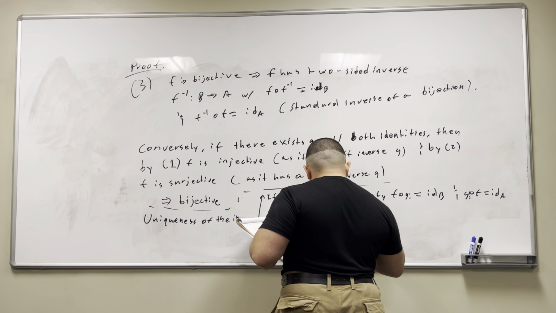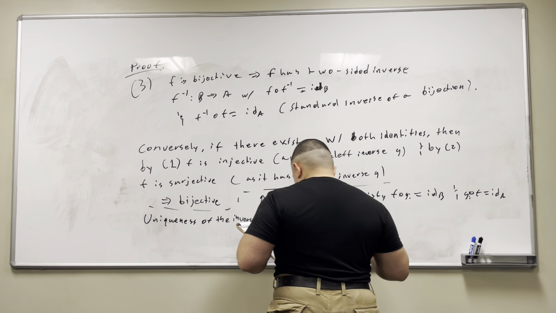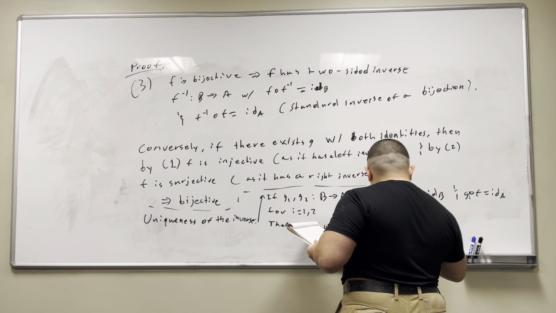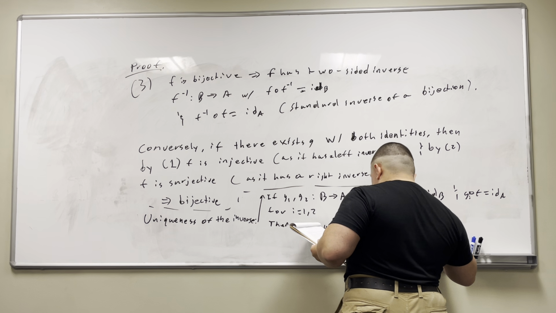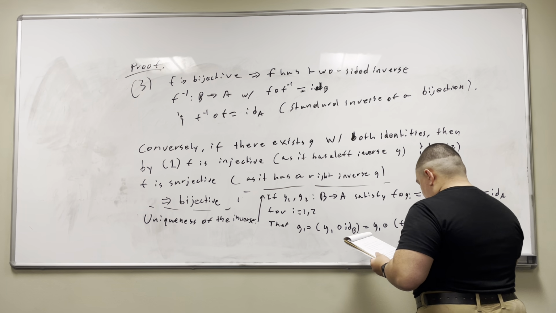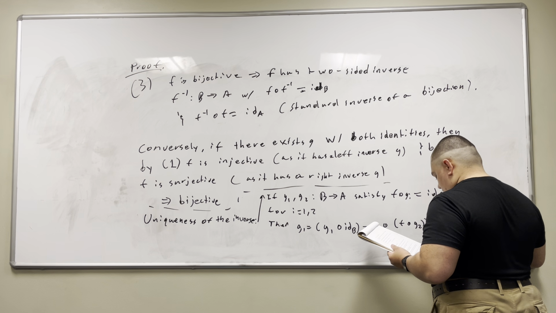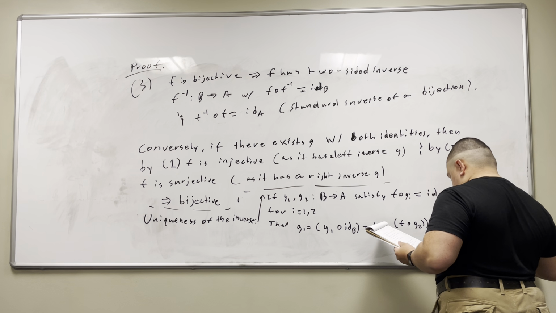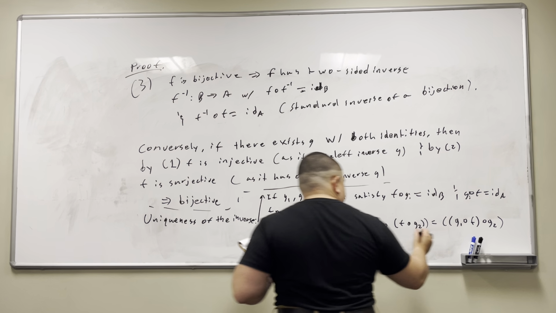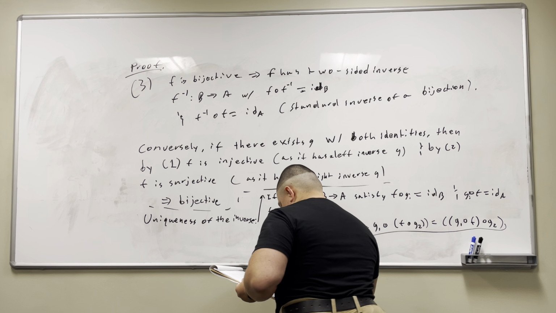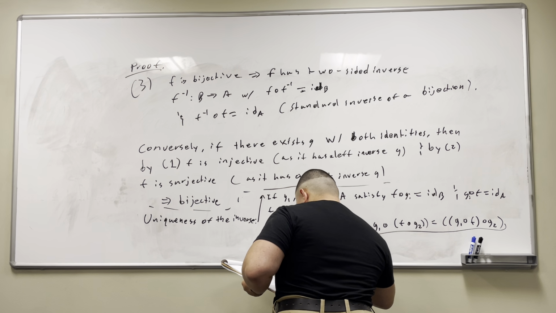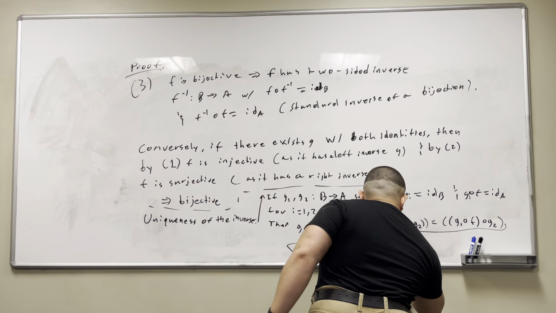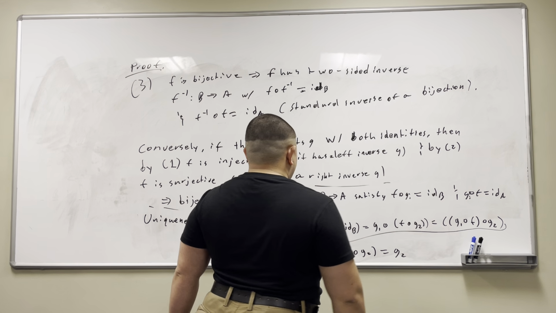then we have that g_1 is equal to g_1 composition identity of B, which is equal to g_1 composition f composition g_2, which is equal to the identity of A composition g_2, which is equal to g_2.